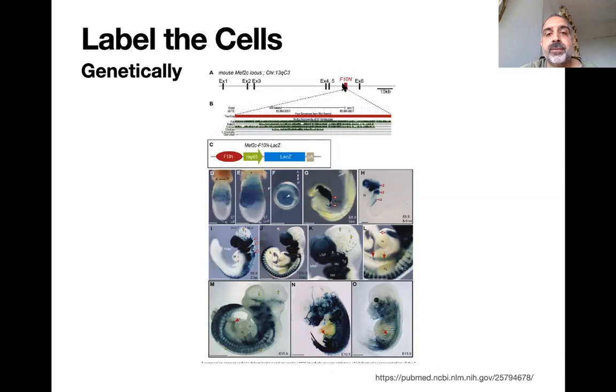Here they've knocked in, so they've taken an intronic enhancer to drive LacZ. And of course, enhancers are active at particular stages in development. They're not always active. So this is not quite a lineage tracing. It's just showing you these cells are active at this point. Later on, this enhancer is active in neural crest, and so you can see neural crest here.